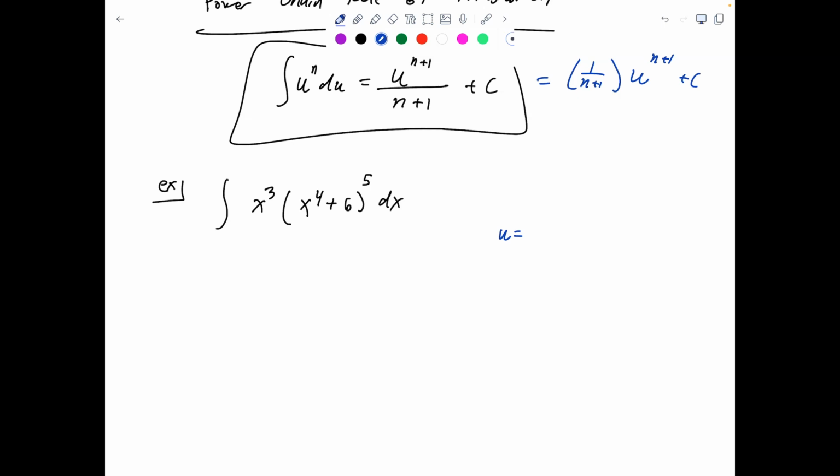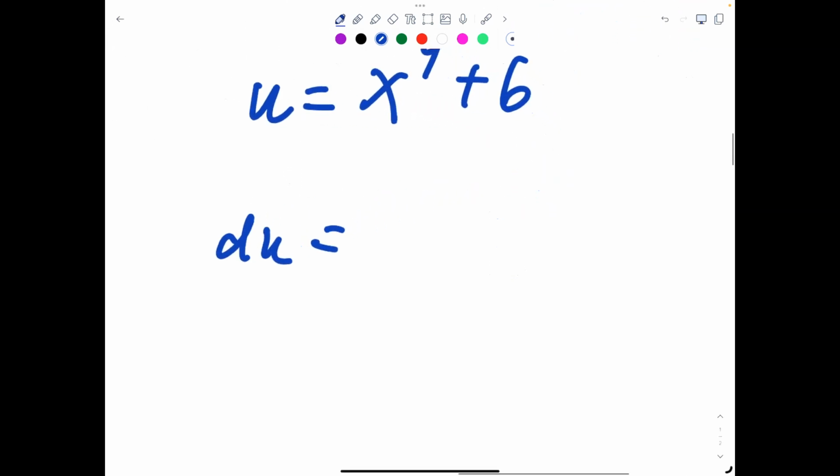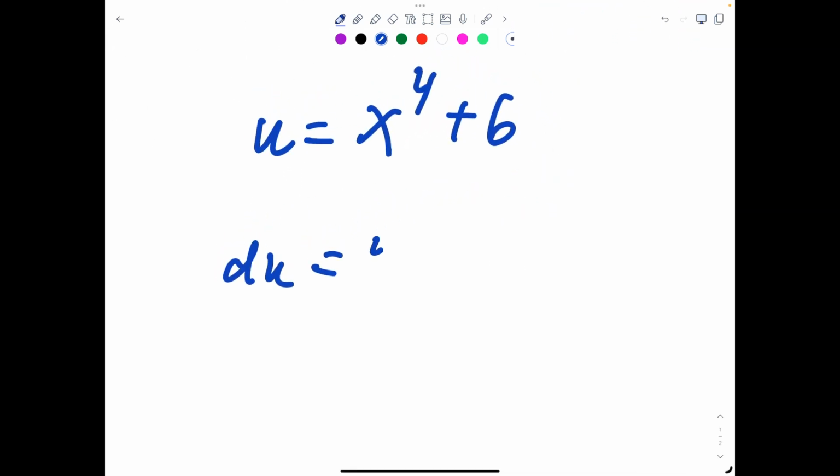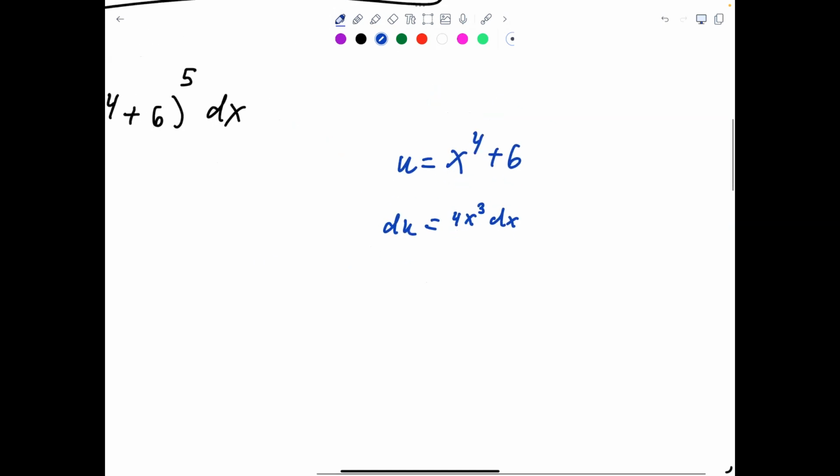What's trapped: x to the 4th plus 6. And du would be the derivative of this, 4x cubed dx. Same thing as saying du dx equals 4x cubed.